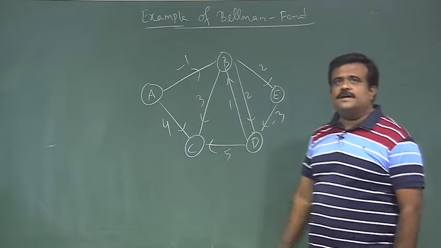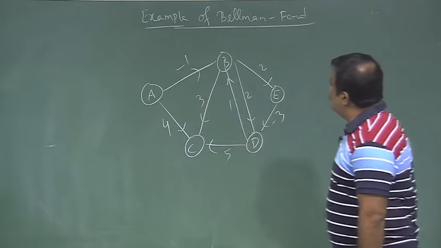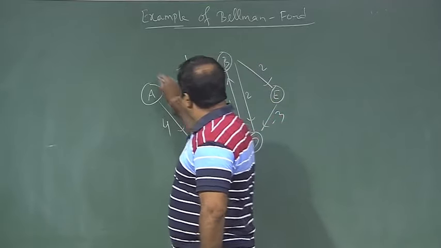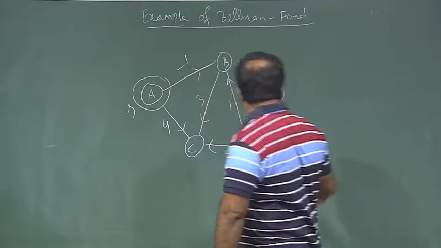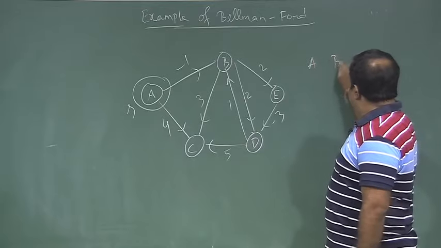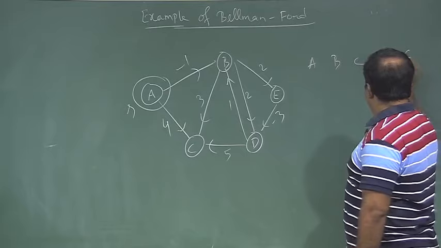Here we are allowing negative weights because the algorithm can handle negative cycles. So this is the input of the Bellman Ford algorithm. Now we take a source vertex. Suppose S is our source vertex A. Now we put everything into the A, B, C, D, E.